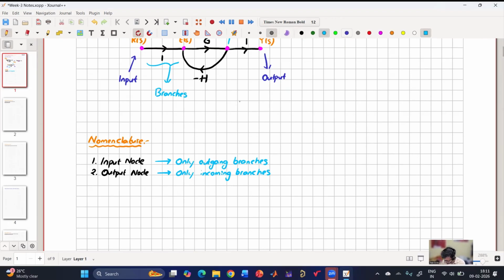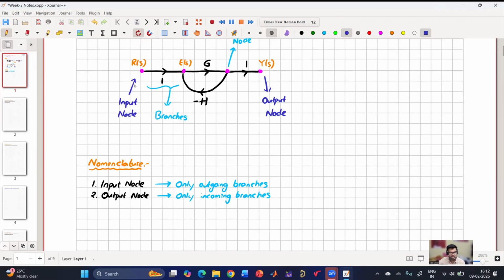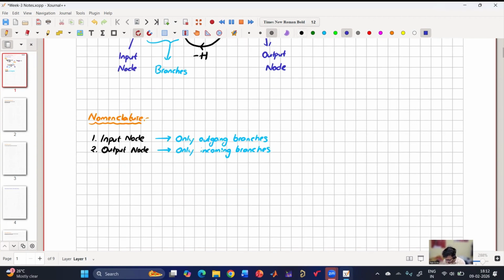So let us use the node. So this is the input node and this is the output node, so that the nomenclature will be clear and there will not be any confusion. So the signal flow graph will have one input node as well as one output node. So now in this example, R of S is the input node and Y of S is the output node. So now coming to the next one, path.